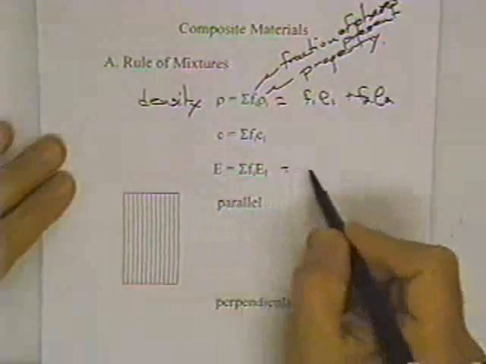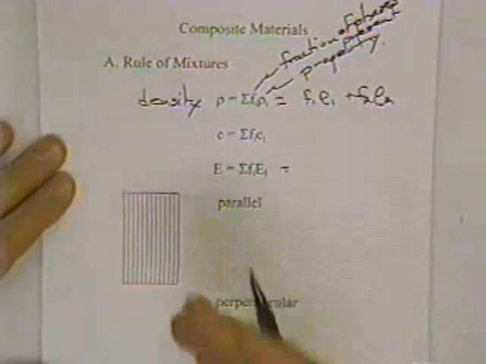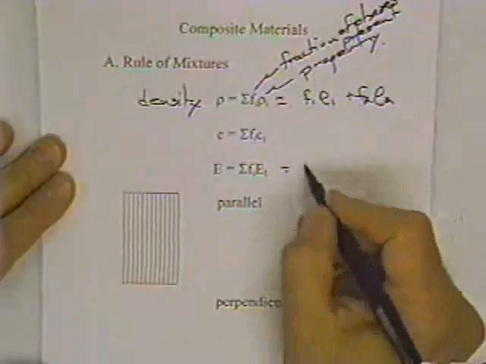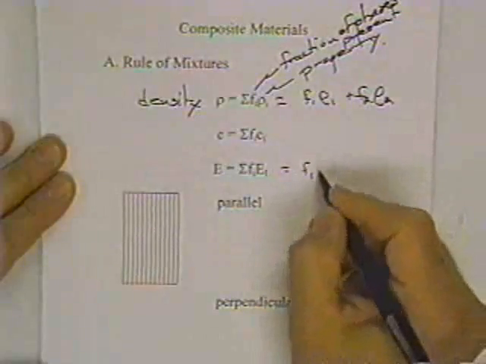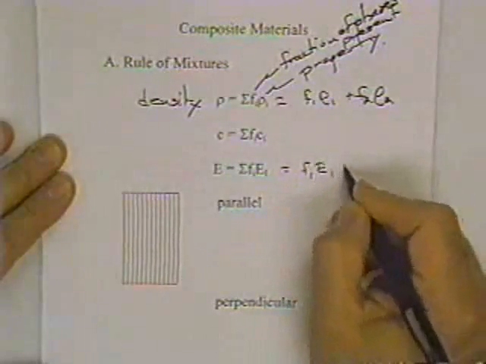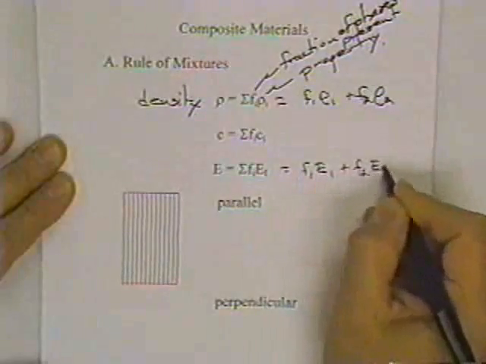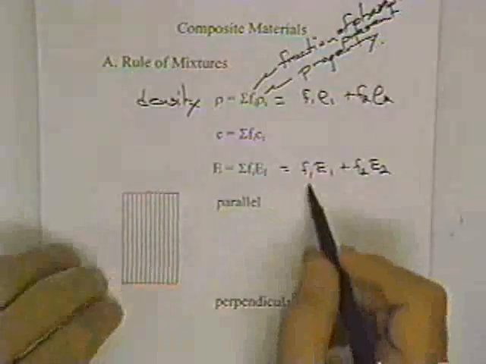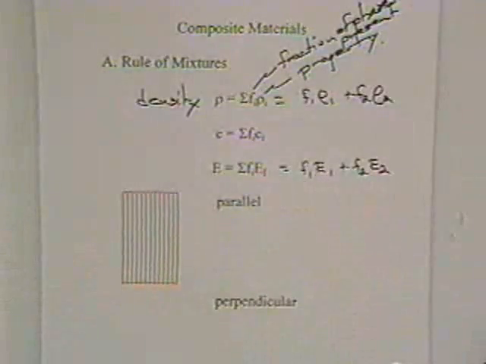If we've got two phases or two components, like say graphite epoxy or fiberglass polymer matrix, then it's going to be F1 E1 plus F2 E2. And if the fibers have a higher modulus, you can see really why you would want to have a high volume fraction of fibers in there.